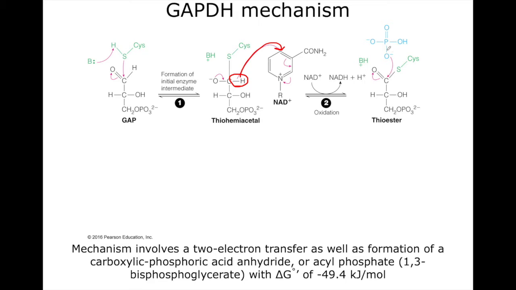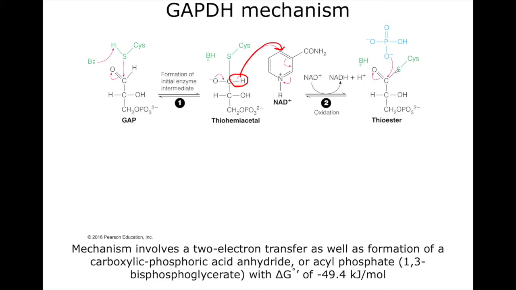Because normally, the addition of a phosphate group is very endergonic. It takes a lot of free energy to add that phosphate. That's why generally we add phosphates by coupling them through the hydrolysis of ATP or something like that. So we're coupling this exergonic step with the endergonic step right side by side.